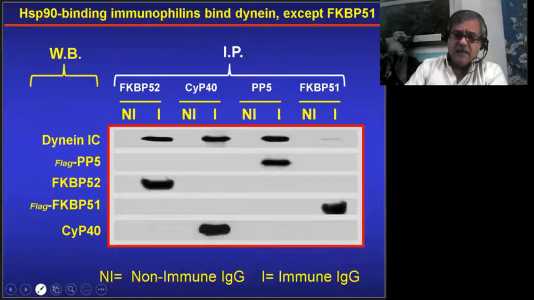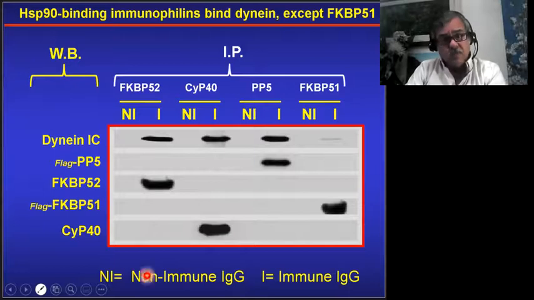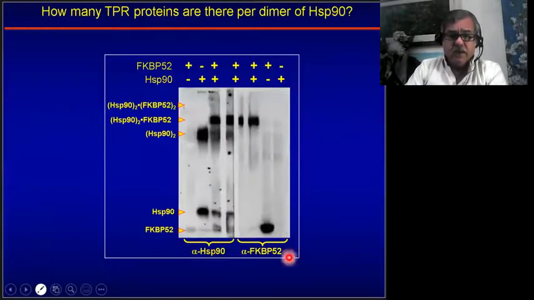Because HSP90 is a dimer, we ask how many of these redundant immunophilins are simultaneously bound to the cytosolic complex, 1 or 2. Purified HSP90 was mixed on ice with purified FKBP52, and complexes were cross-linked with glutaraldehyde.